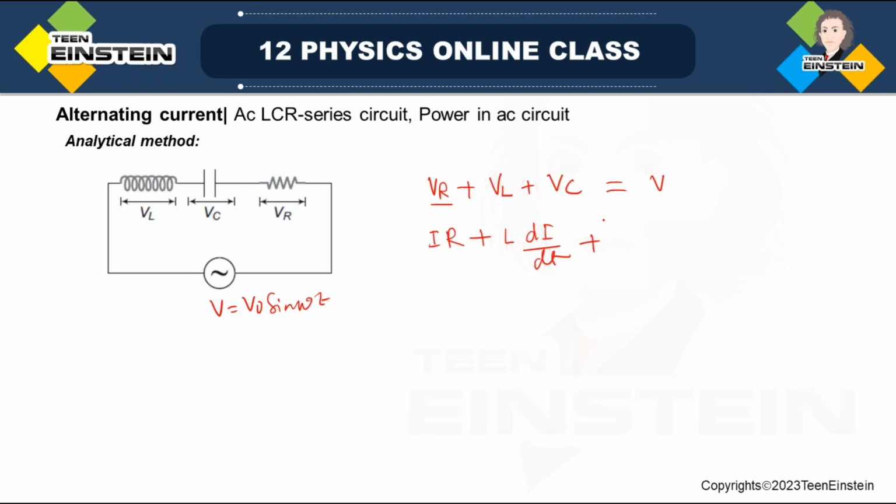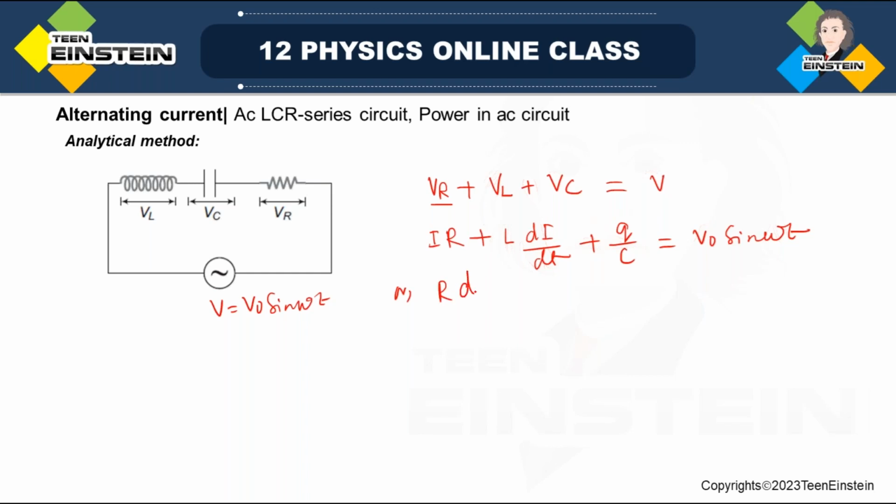And this is q by c is equal to v0 sine omega t. Okay, now see, this is q, right? So this I is current, we can just bring in terms of charge q.